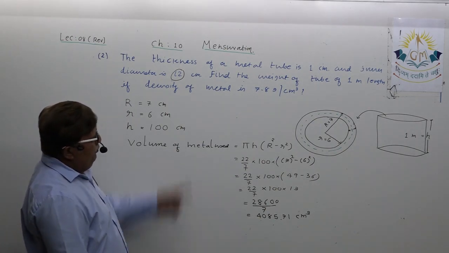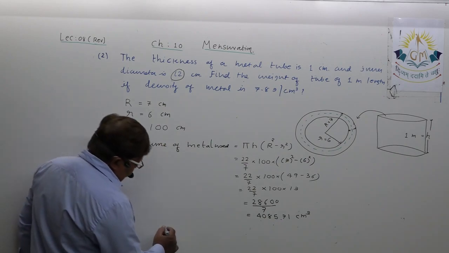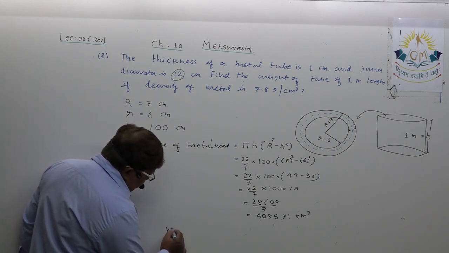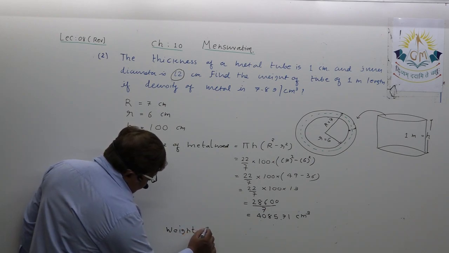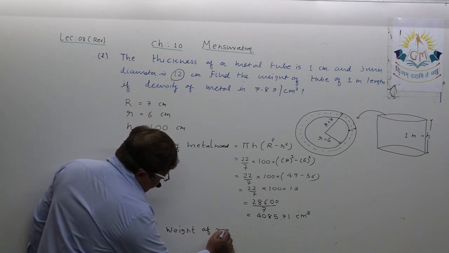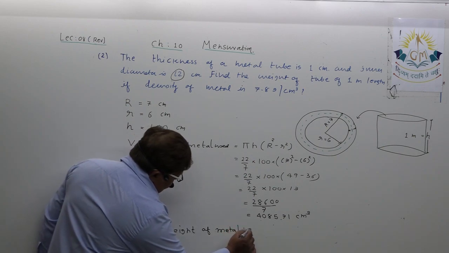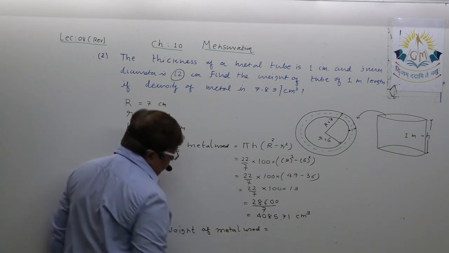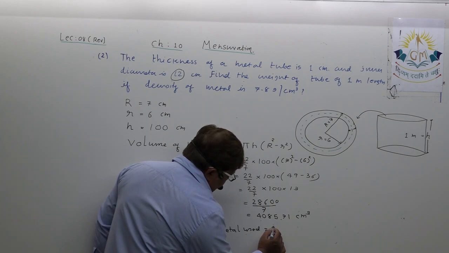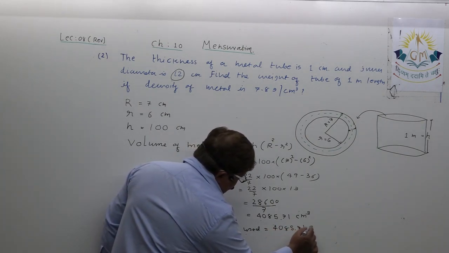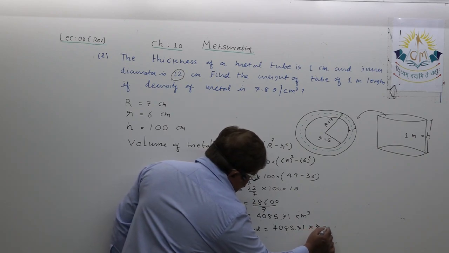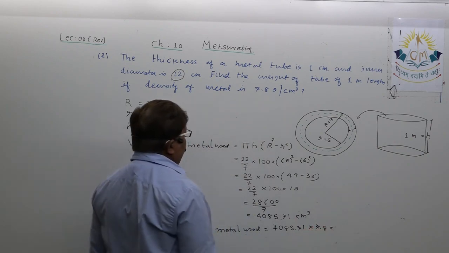And now, dear student, volume of weight of the metal used, you will like to write weight of metal used, that's equal to 4085.71 into 7.8.